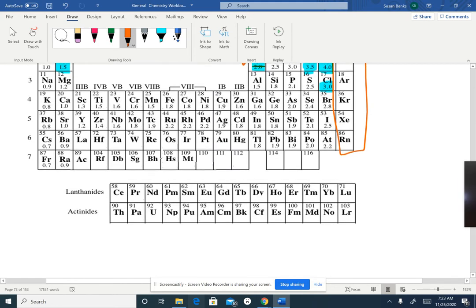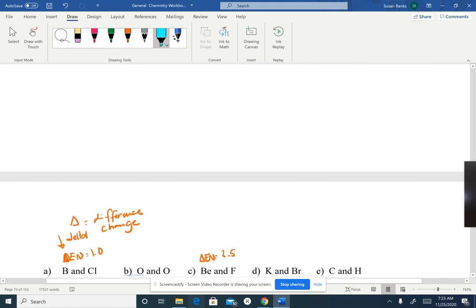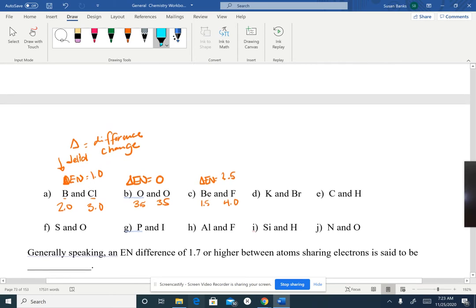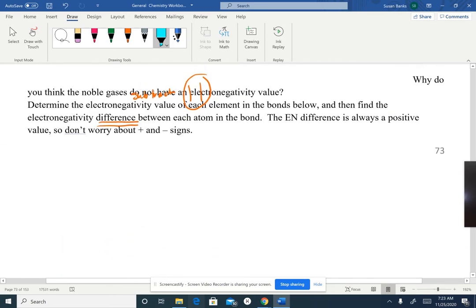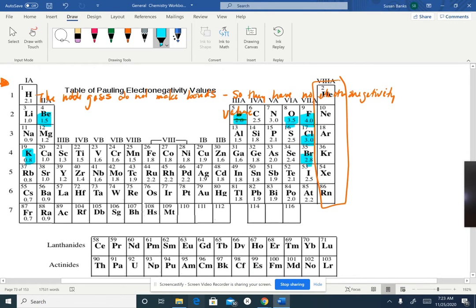Potassium is 0.8 right there. And bromine, let's see, 2.8.